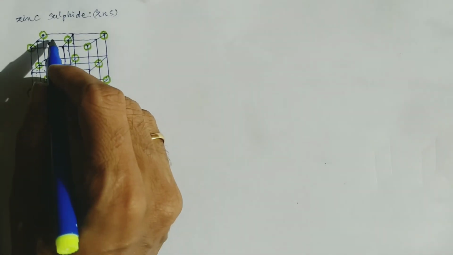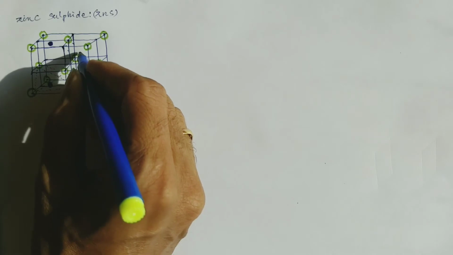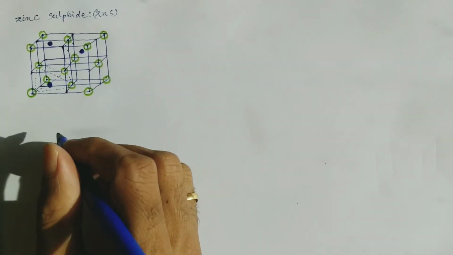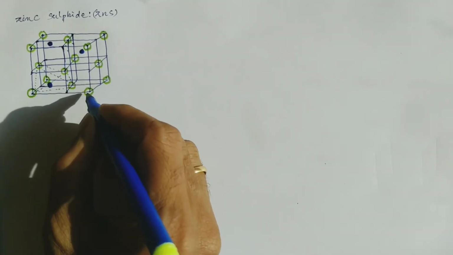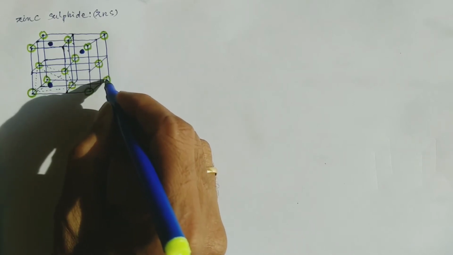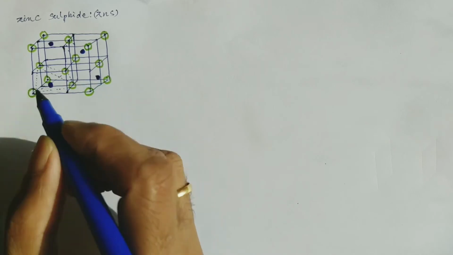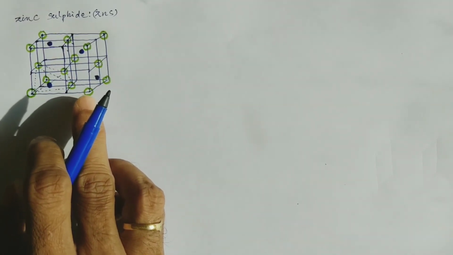So that means other atom is not present here, but one more atom is present here. This is another tetrahedral void. So similarly the front side, this portion is not occupied, whereas rear side, that is created by this atom. That is again occupied by zinc atom, like this, right? So like this, 4 tetrahedral voids are occupied by zinc.